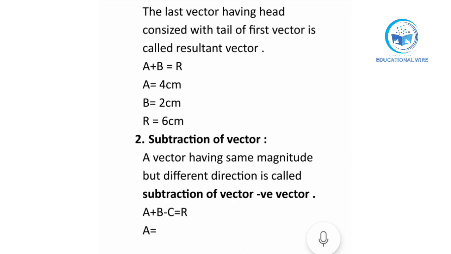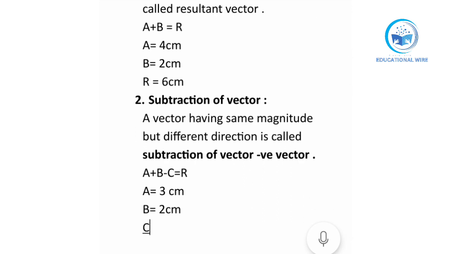A is equal to 3 centimeter, then b is equal to 2 centimeter, and take c is equal to 1 centimeter. So what will be the resultant? We have a plus b is 5, then 5 minus 1 we have 4. In resultant we have 4 remaining, 4 centimeter.